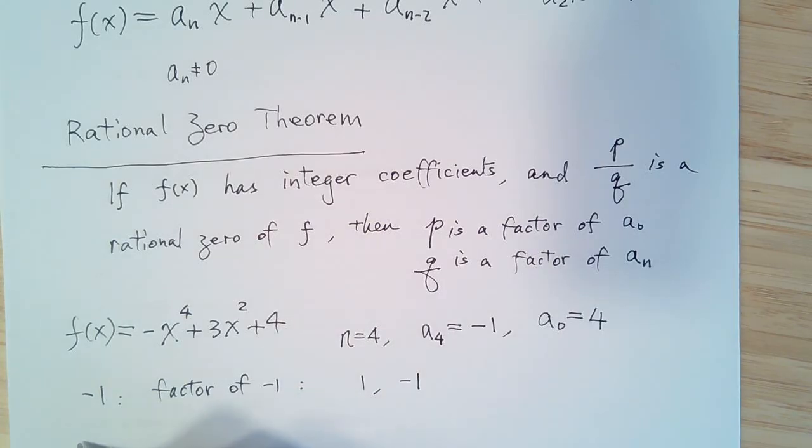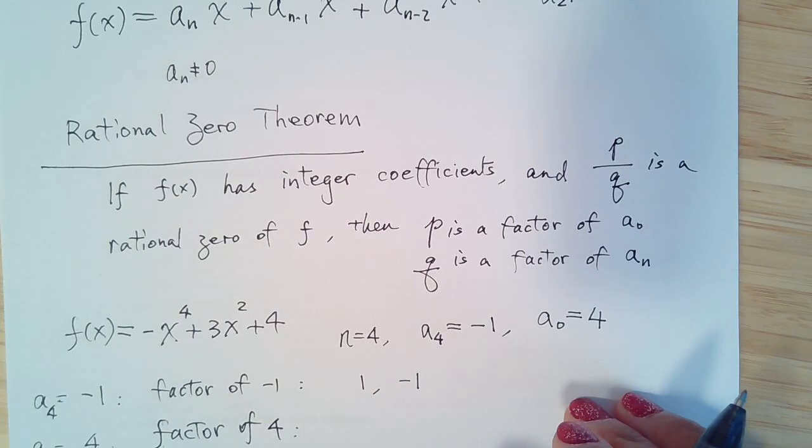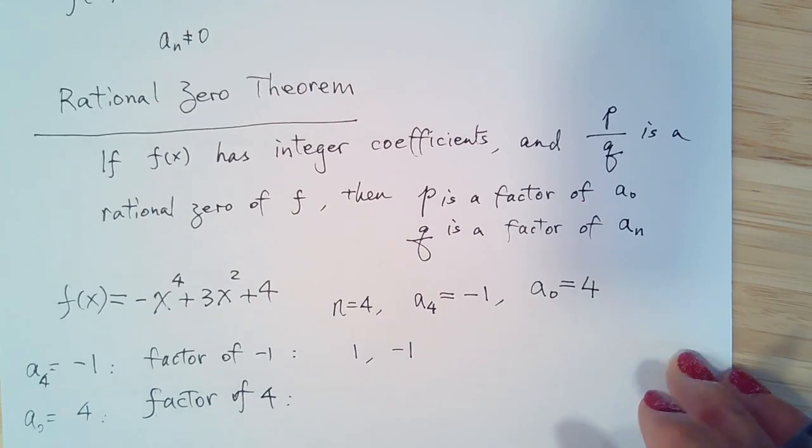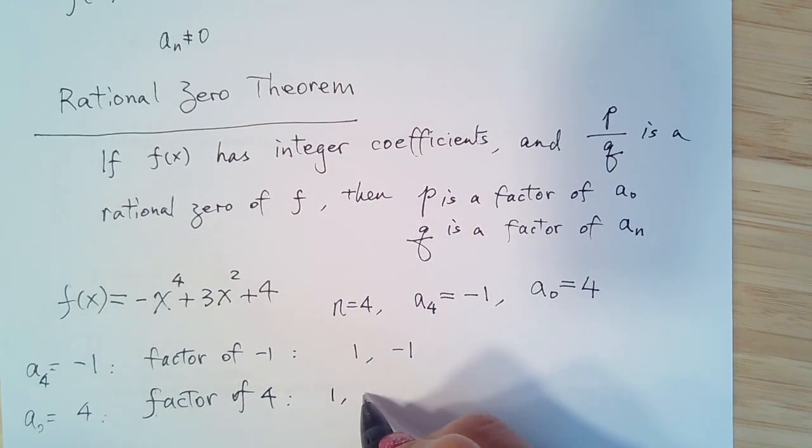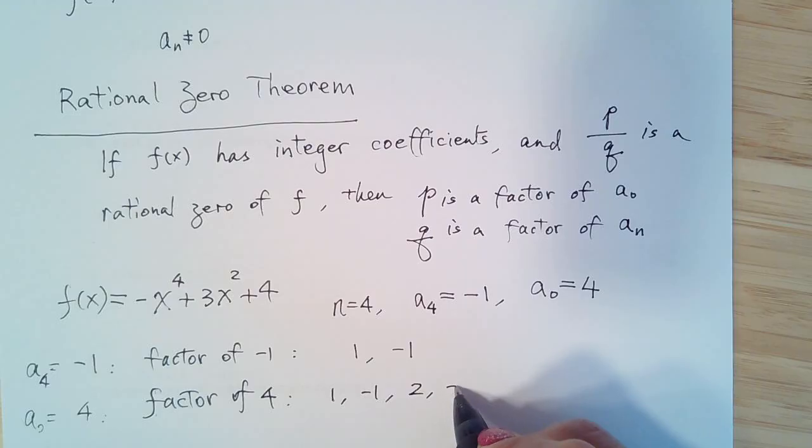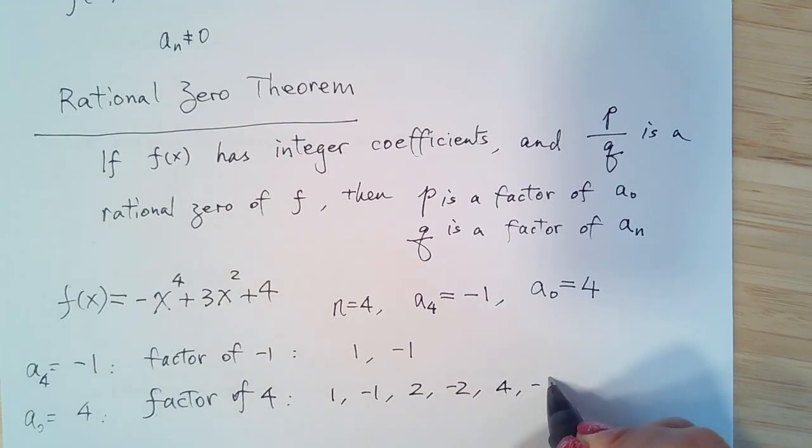What about for 4? This is a4 and this is a0. What are the factors of 4? It could be 1, 2, 4, both positive or negative. So we have 1, negative 1, 2, negative 2, 4, negative 4. That's all the factors of 4.